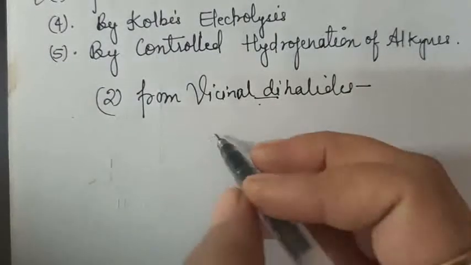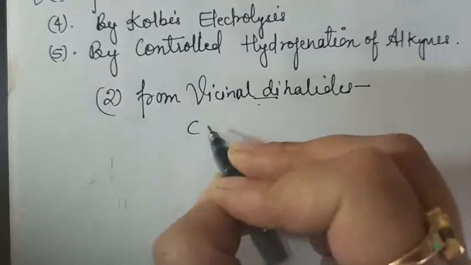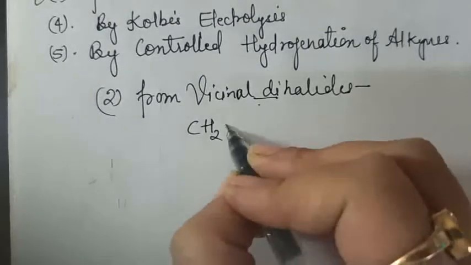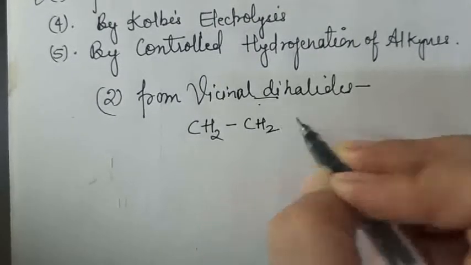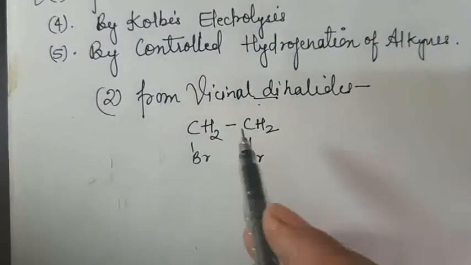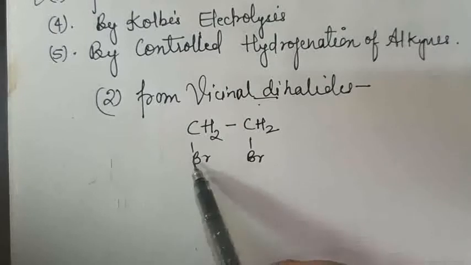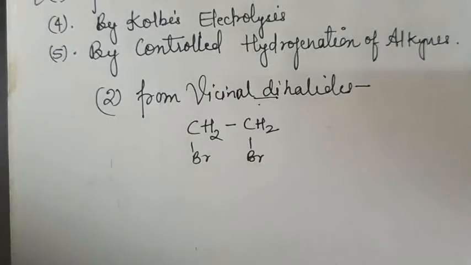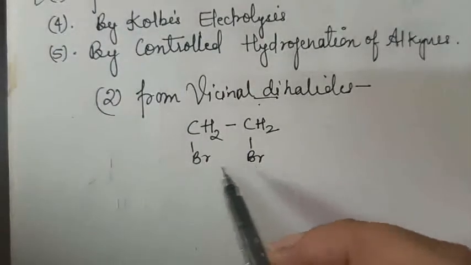Supposingly you have this kind of arrangement, so it's a dihalide. Why? Because two halogens are there in this molecule. At two places bromine is present.